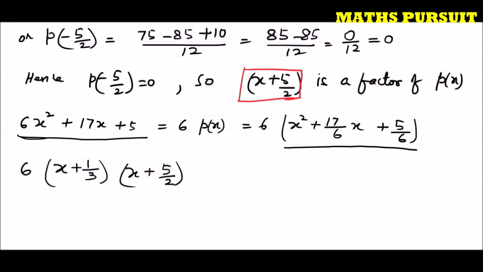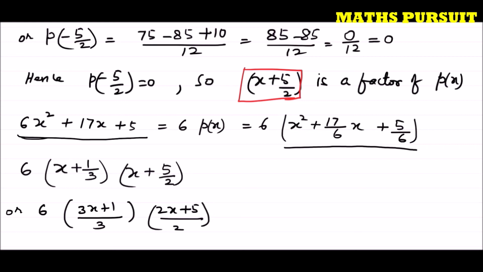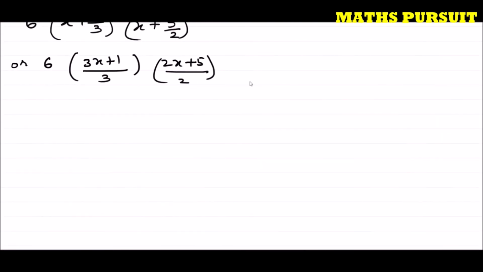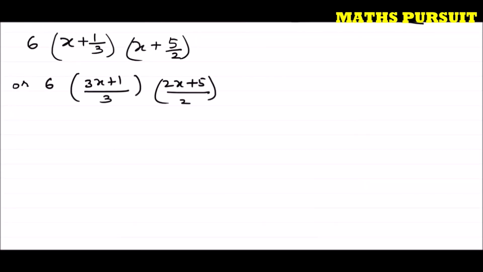Or I can write this as 6 into, x plus 1 upon 3, that means 3x plus 1 upon 3, and x plus 5 upon 2, that means 2x plus 5 divided by 2, taking the LCM as 3 and 2 in both cases.